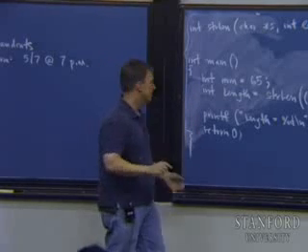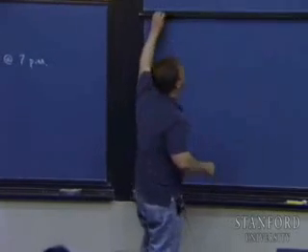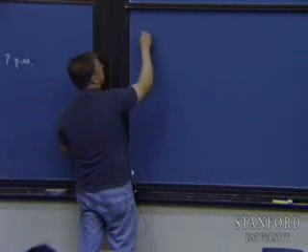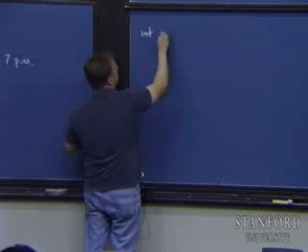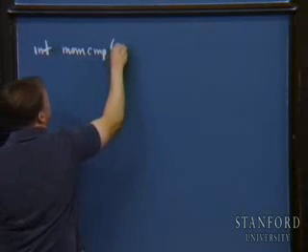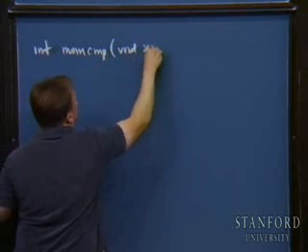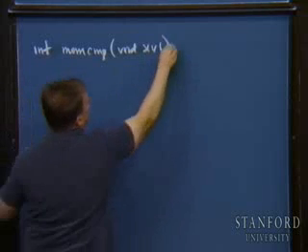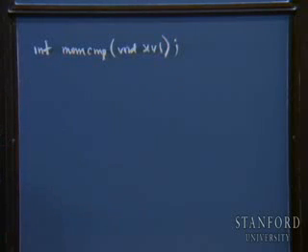Let me give you the opposite scenario here, though. Suppose I do this. Int memCompare void star v1, and I just mess up. For whatever reason, I think that somehow memCompare only needs one void star.